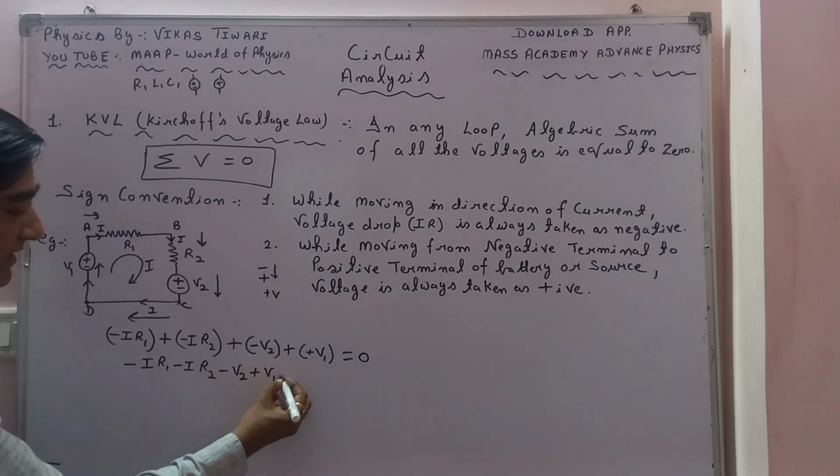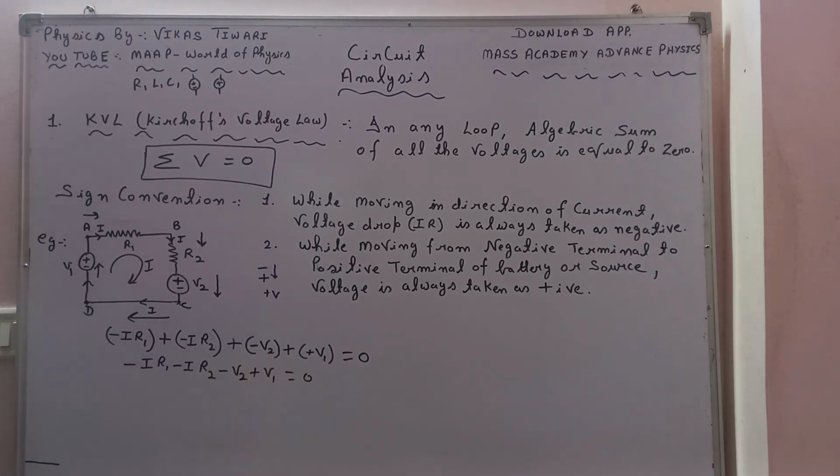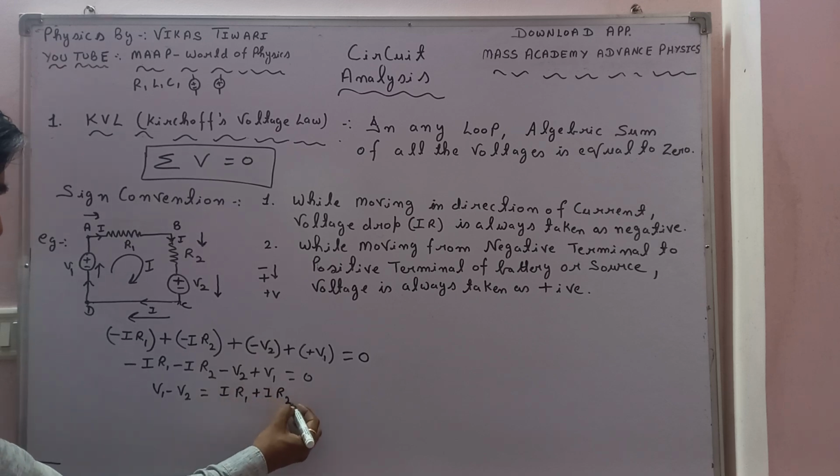Minus V2 plus V1 is equal to 0, or you can say V1 minus V2 is equal to IR1 plus IR2, or we can say V1 minus V2 is equal to I(R1 plus R2).